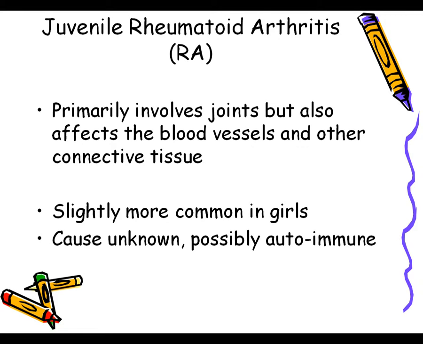And it may present as 3 major disease courses: systemic onset, pauciarticular, this is involving 5 or fewer joints, or polyarticular, and it's a simultaneous involvement of 4 or more joints.